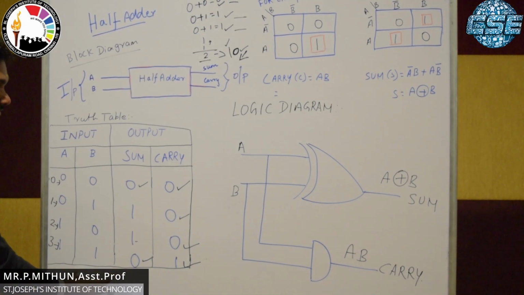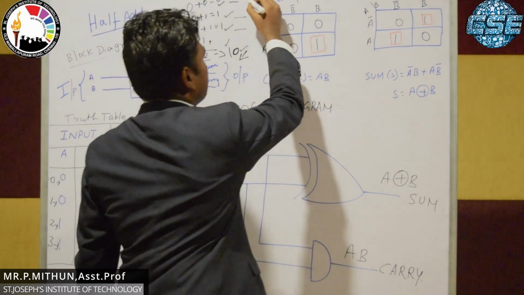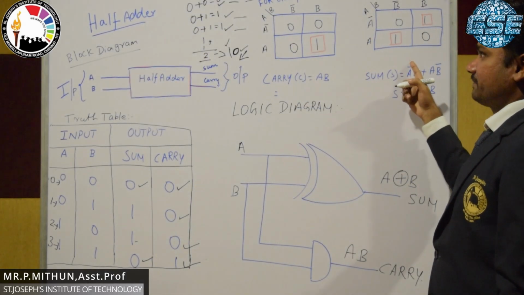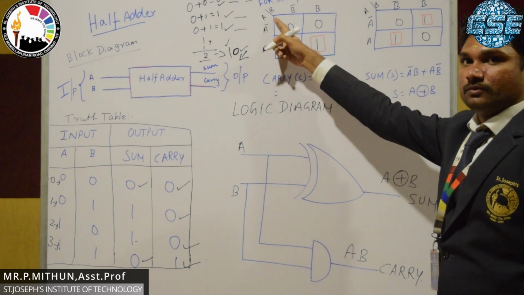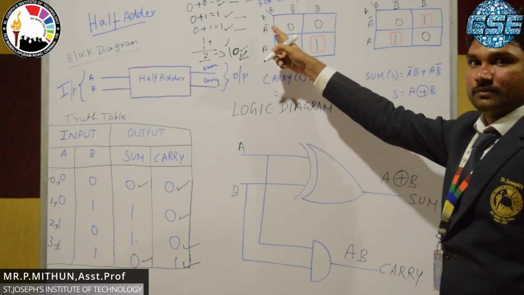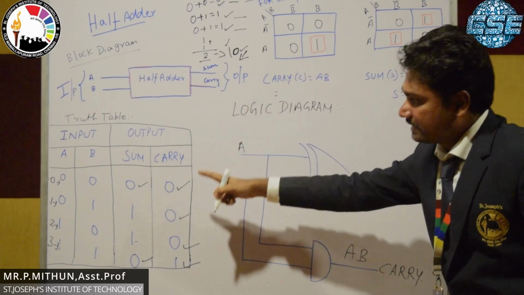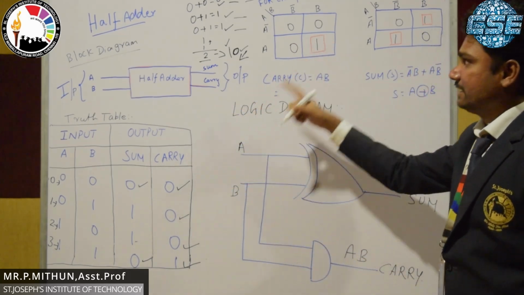After that, from the truth table we want to create the K map for both carry and sum. There are two variables A and B, and we enter the numbers from the sum truth table and the carry truth table.